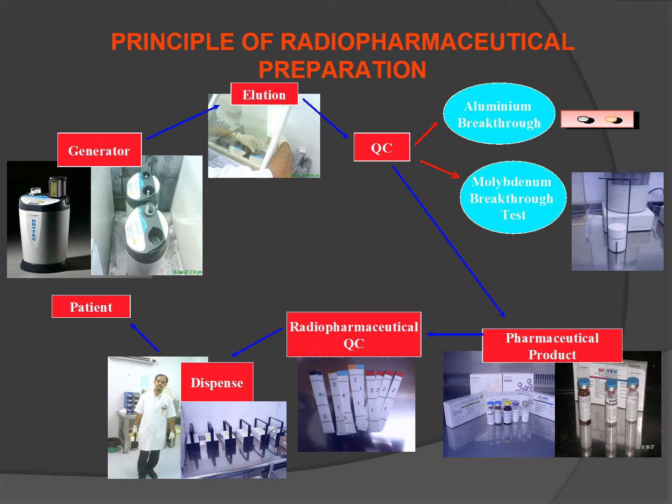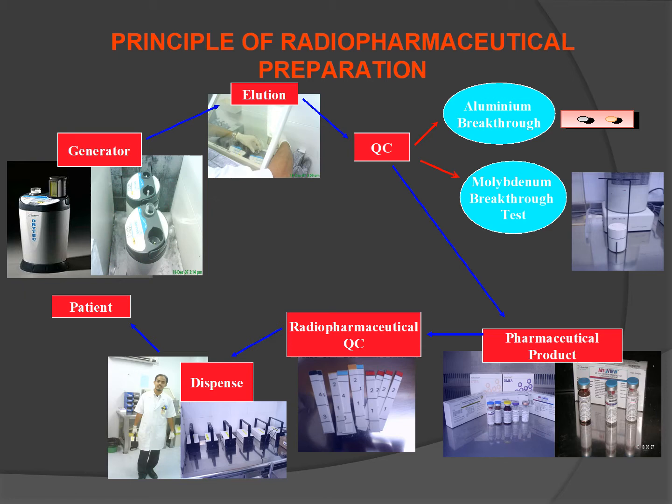So if we want to visualize or image the brain or heart, we need this pharmaceutical product as a carrier, or transporter, to bring this radioactive to the organ or specific system that we want to image.